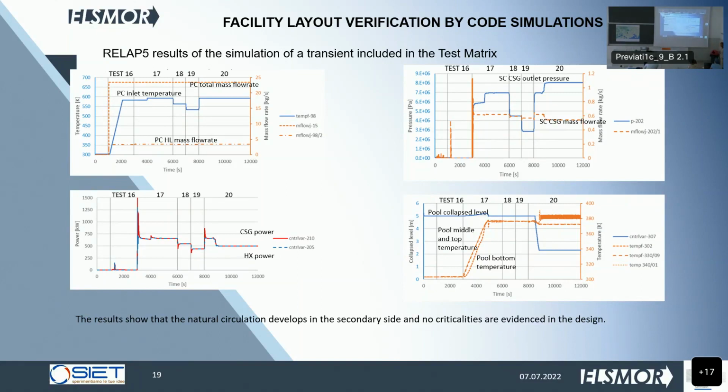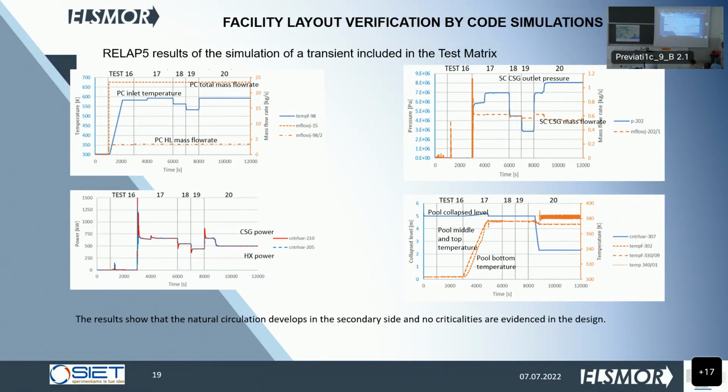So we see that actually the code simulates the transferred power around 600 kilowatt. That is more or less what we were expecting to have from this heat exchanger.